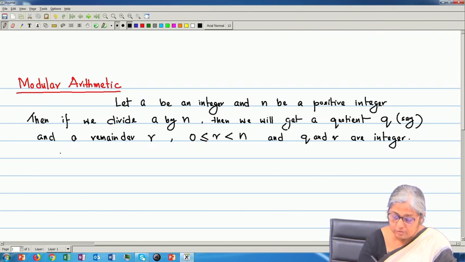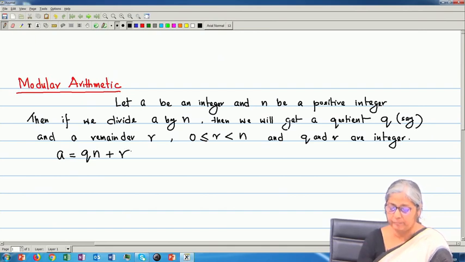So, we can write that A = qn + r, where the remainder r is greater than or equal to 0 and less than n.